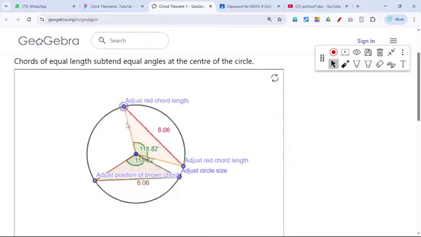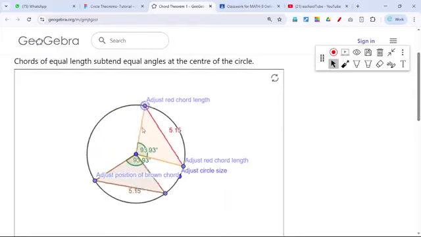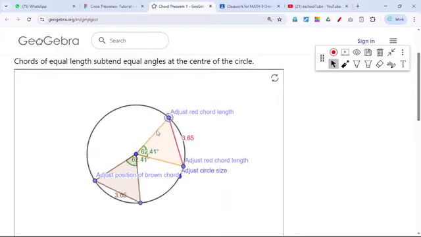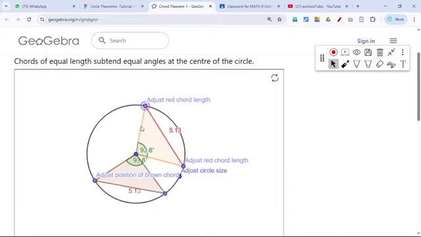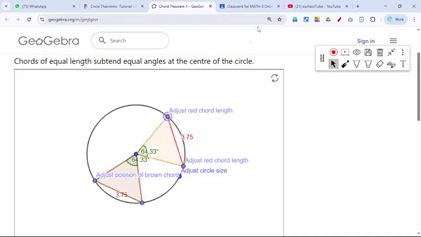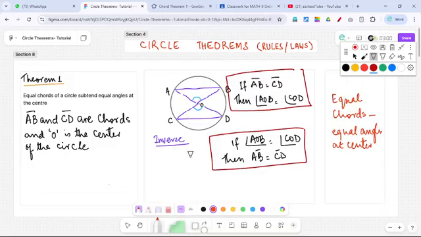You keep on changing the point, the angle at the center remains the same. So this explains the theorem, this point, that equal chords make equal angles at the center.